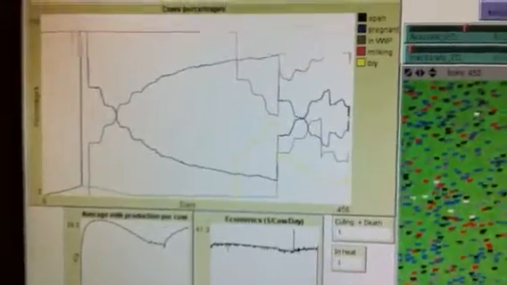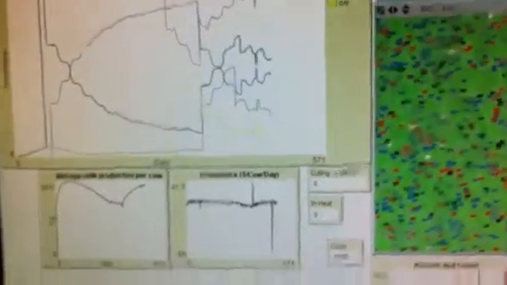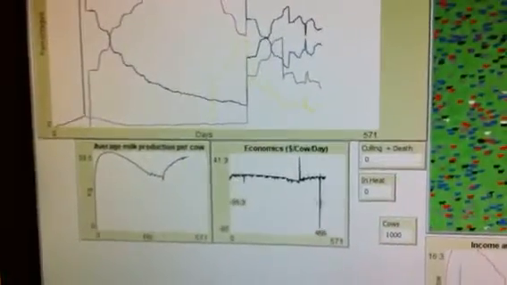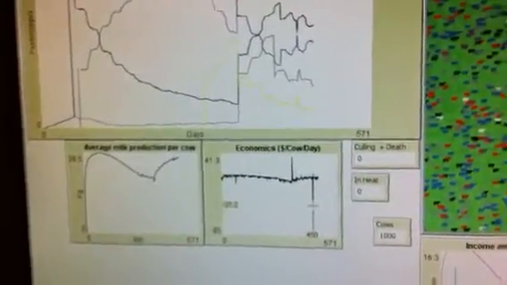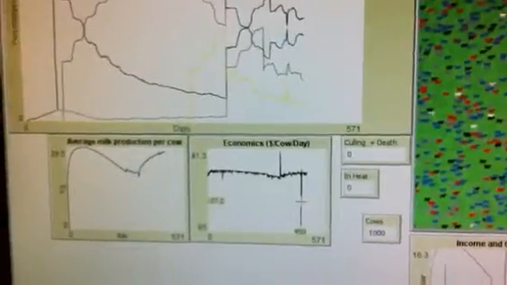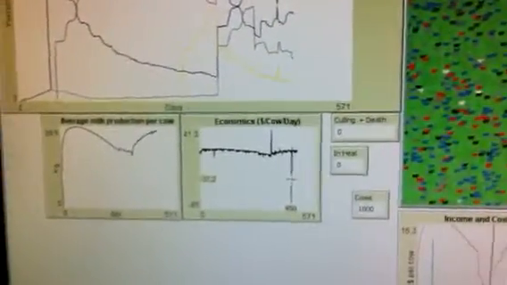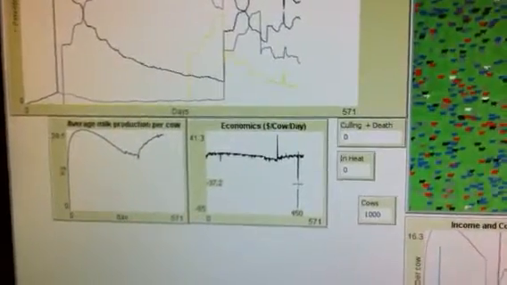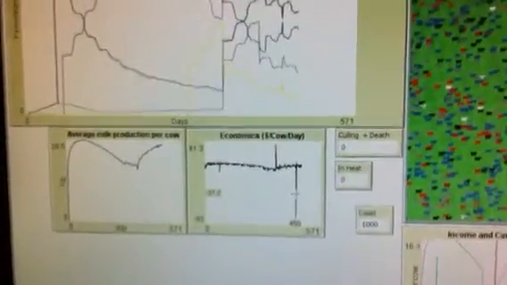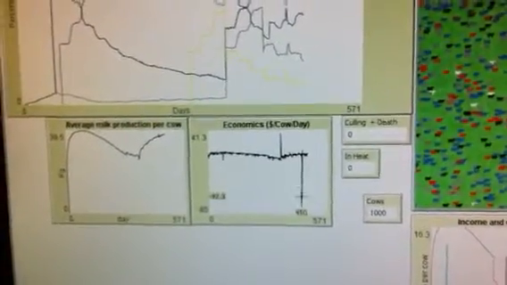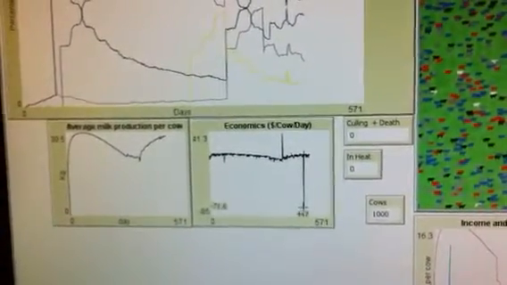There it is. Now let me show you. I had another big loss here at 450 days in milk, and that's when I set up my model to sell the open cows that did not get pregnant up to 450 days in milk. So there is a big loss because I have to spend a lot of money on replacement heifers.